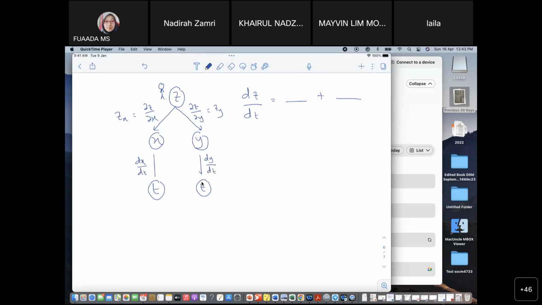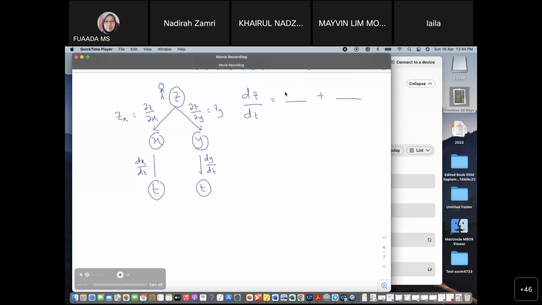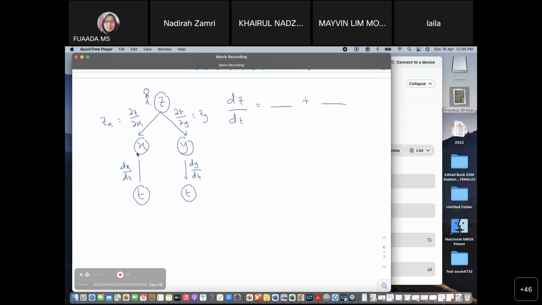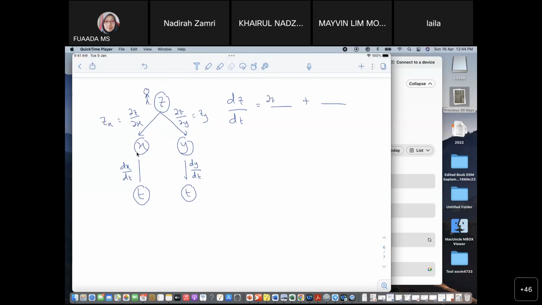Okay, now look at the formula of the first term here. To go from Z to T, you have to go through del Z del X and through dx dt. Because the route is the same, you have to multiply them. Del Z over del X times dx over dt.